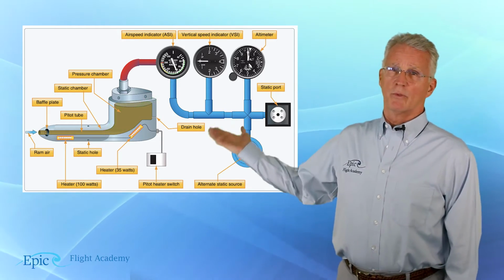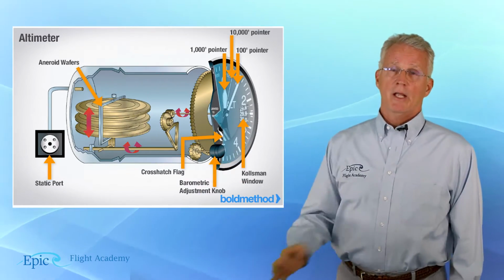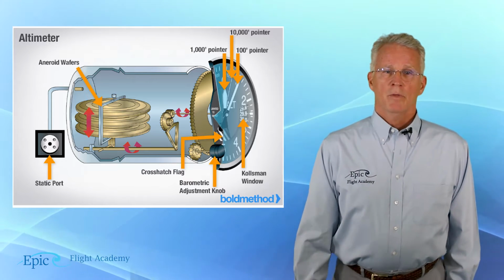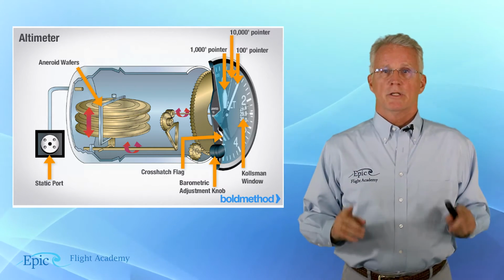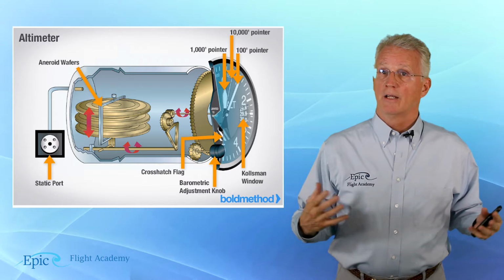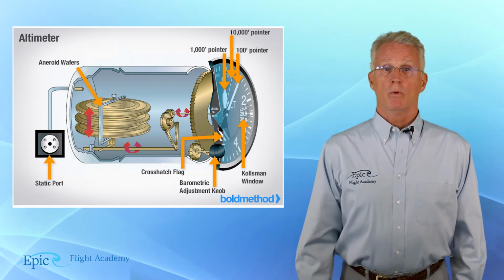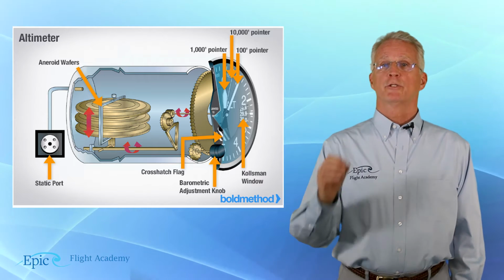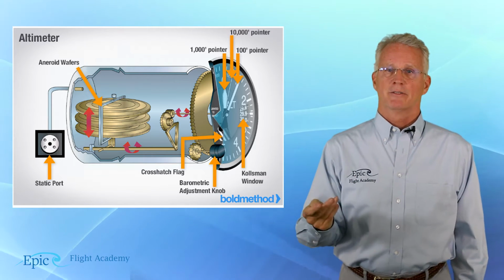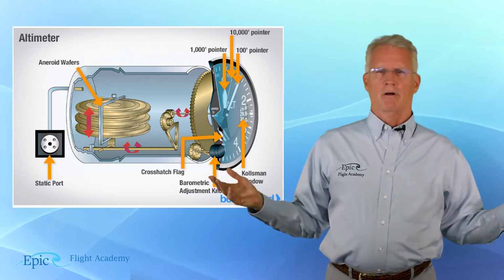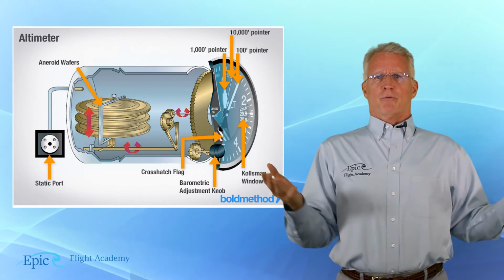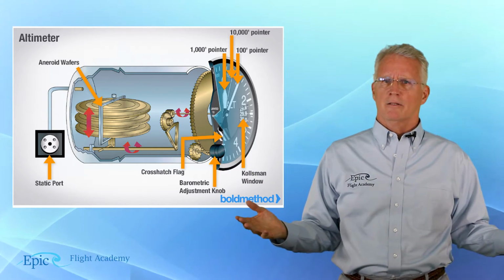Now, on this slide, we wanted to go back and look at the altimeter in just a little bit more detail. What I want you to notice here is when we're flying on instruments, the altimeter in the airplane must be what we refer to as a pressure-sensitive altimeter. Well, aren't all altimeters sensitive to pressure? That's what makes them an altimeter?